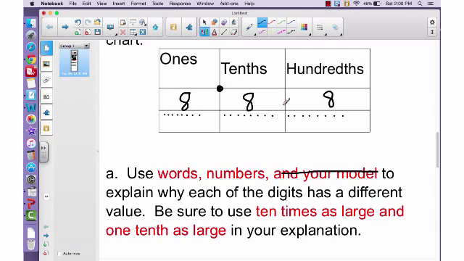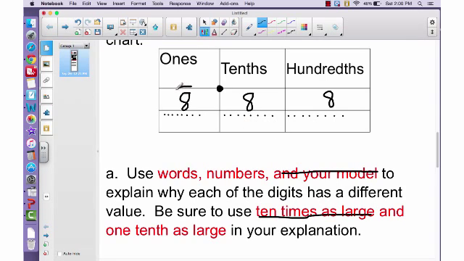When you use your words and numbers to explain, you need to talk about how, yes, each one of these digits is an 8, and an 8 has the same value, but they're in a different place value spot. 8 ones is not the same as 8 tenths, and that is not the same as 8 hundredths. And when you explain that, the direction said use 10 times as large in your answer.